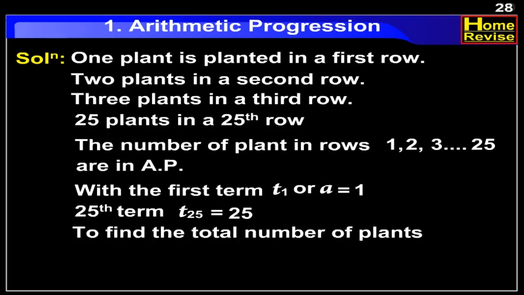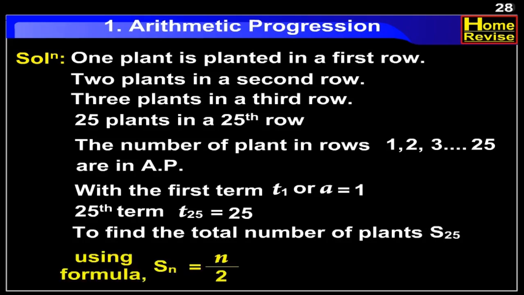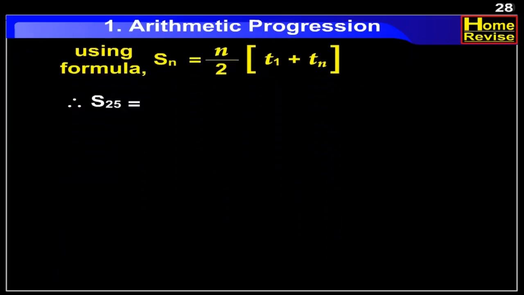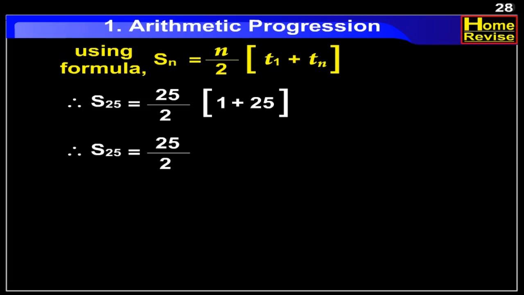Now to find the total number of plants, that is S25, we have to use the formula Sn is equal to n upon 2 into (T1 plus Tn). Therefore, S25 is equal to 25 upon 2 into (1 plus 25), which is equal to 25 upon 2 into 26.